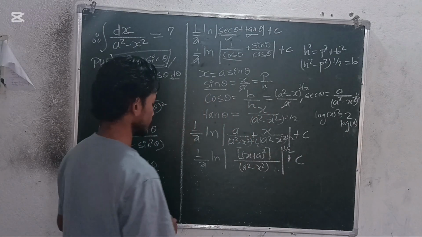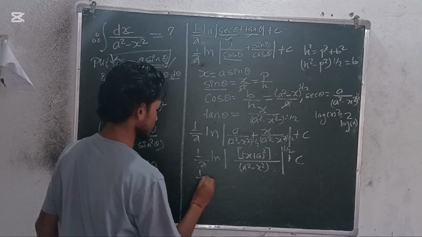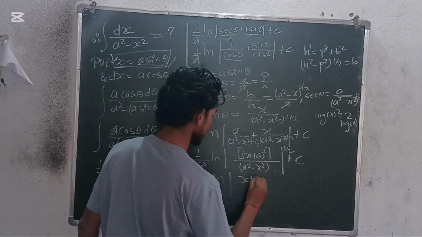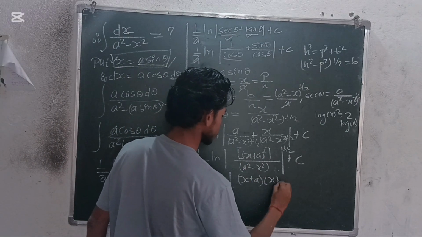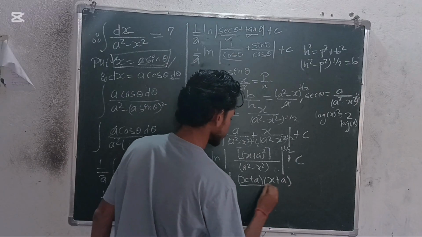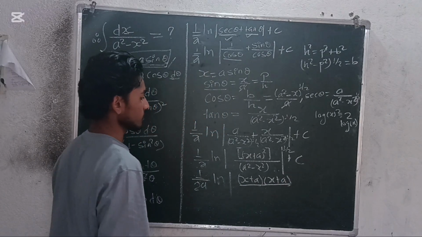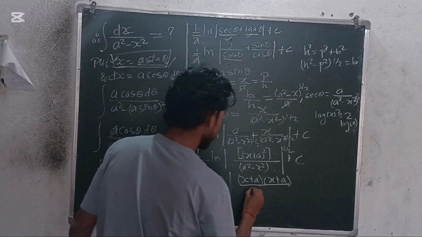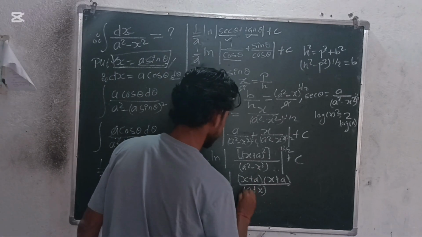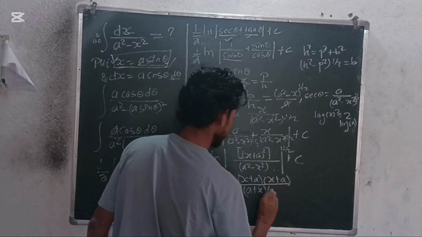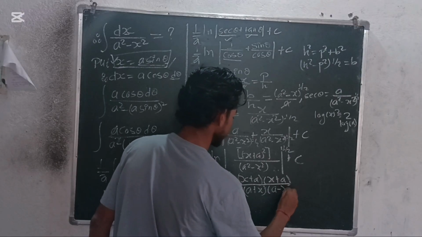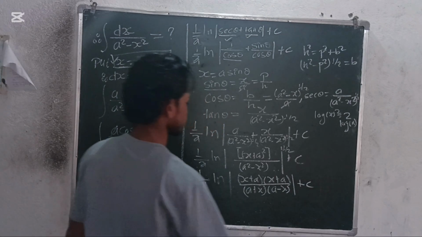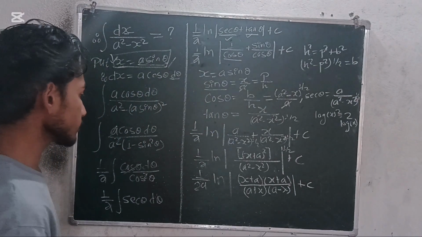So this power 1 by 2 is going to come in front, and this is going to be 1 over 2a ln. So what do you have left? x plus a divided by, so I have here a squared minus x squared. This is going to be a plus x, and again this is going to be a minus x, plus c, right?